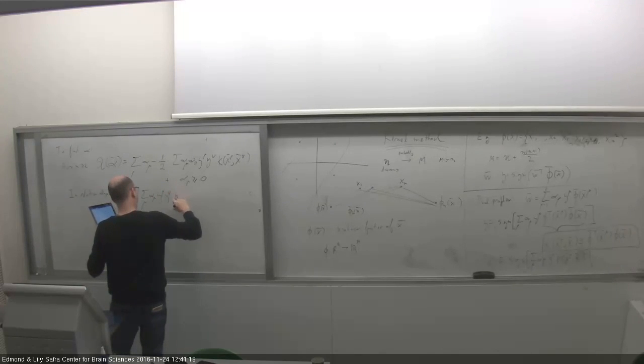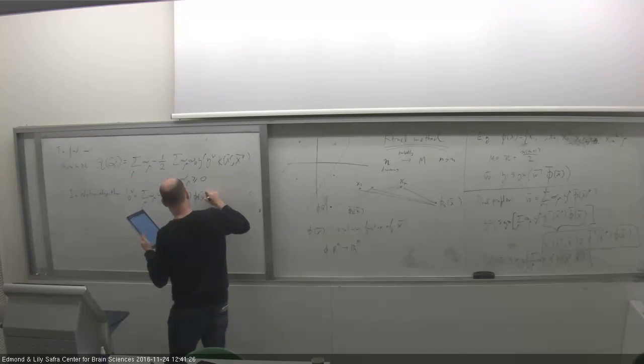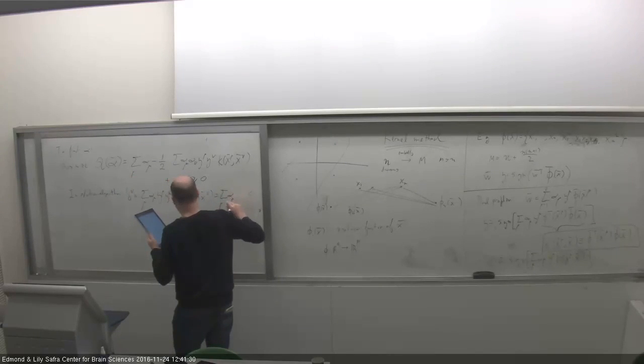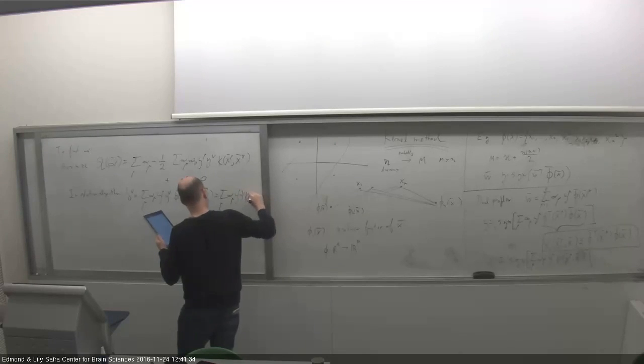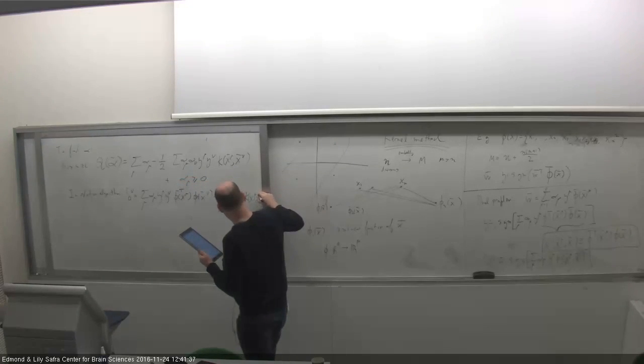Here we will have phi of x mu dot phi of x nu, and this is sum over mu alpha mu y nu k of x mu x nu.